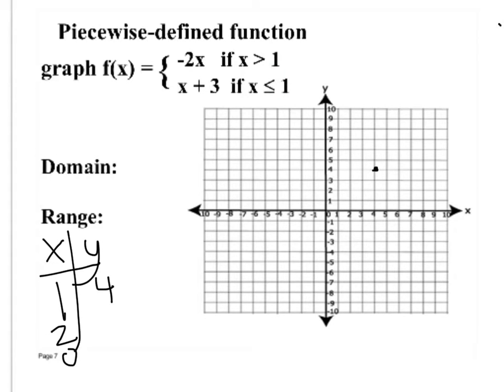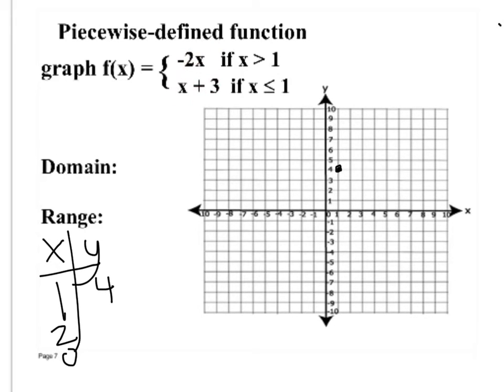4. So I need the graph 1, 4. And I need a closed circle because it includes... No, sorry. It needs to be 1, 4, because it includes 1, right? So it needs to be a closed circle. So if I picked 2, which one of these do I use? Negative 2x or x plus 3?